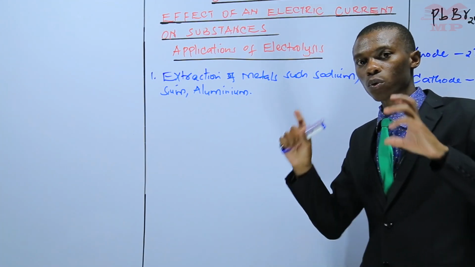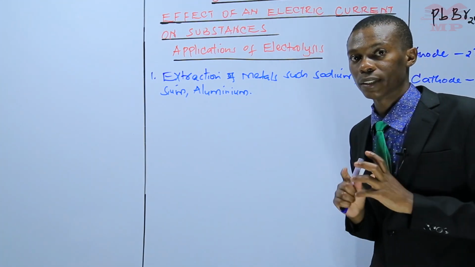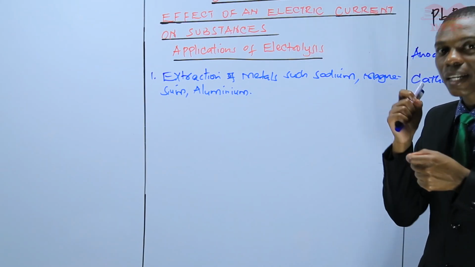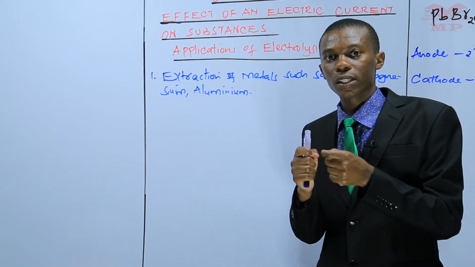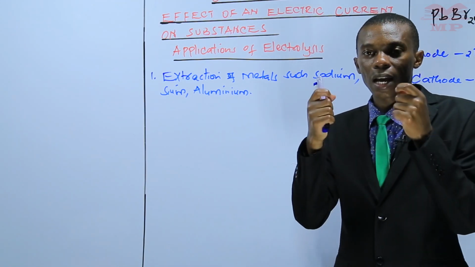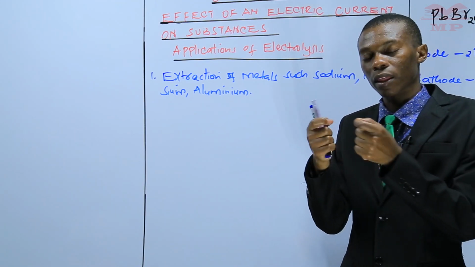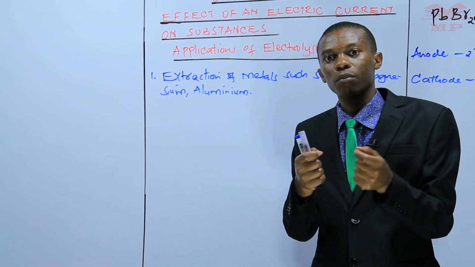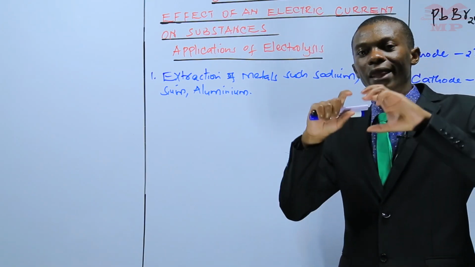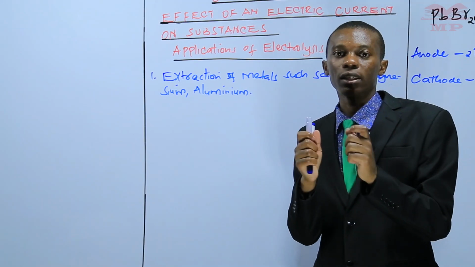They are found in form of compounds. Therefore, these compounds need electrolysis so that you can remove the sodium from their compounds, magnesium from their compounds, and aluminium from their compounds. And this process is electrolysis.